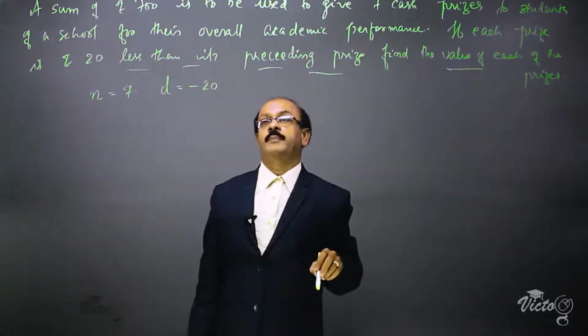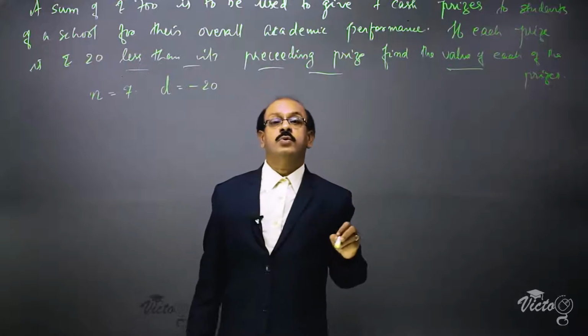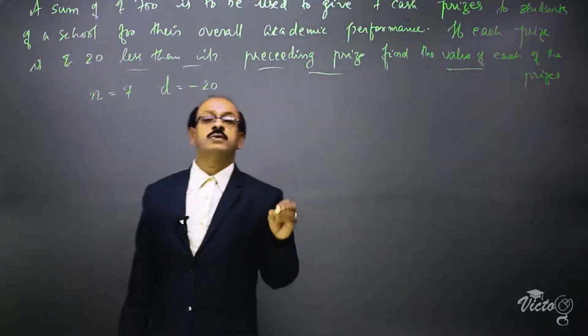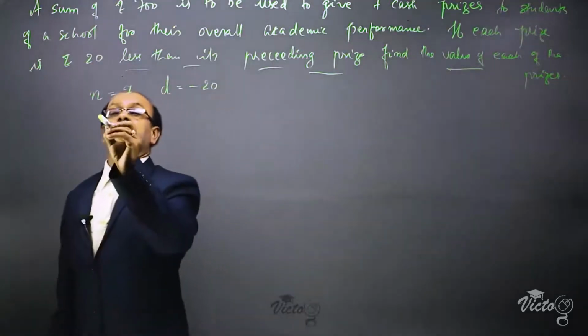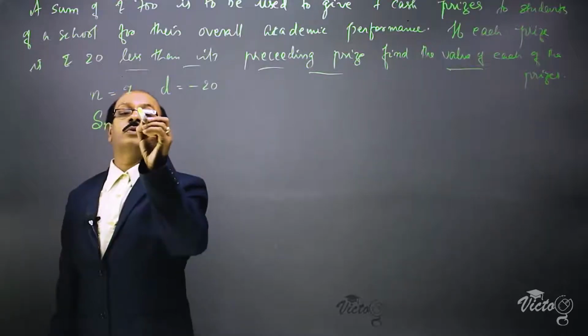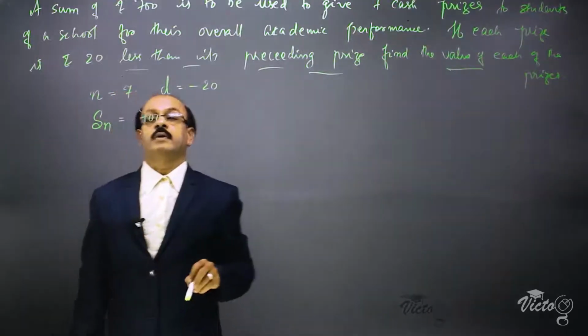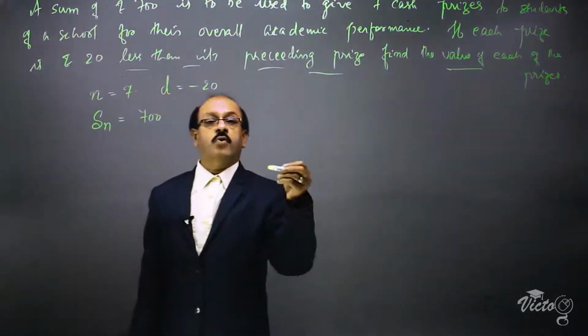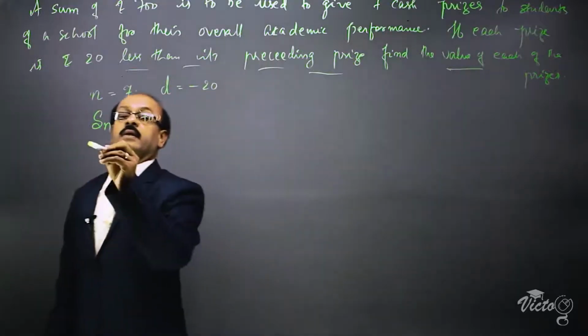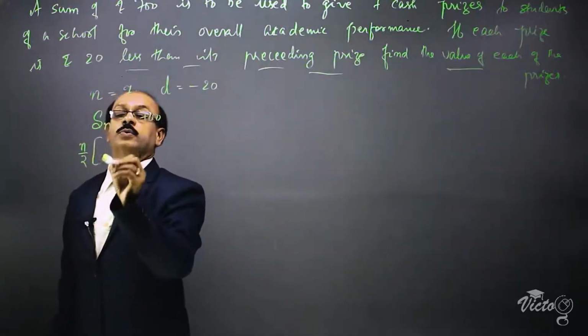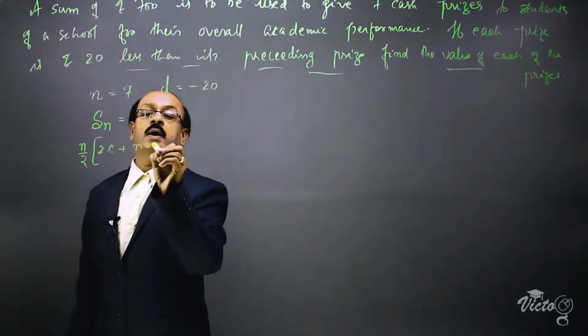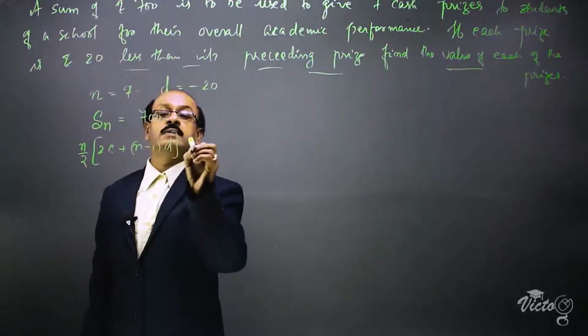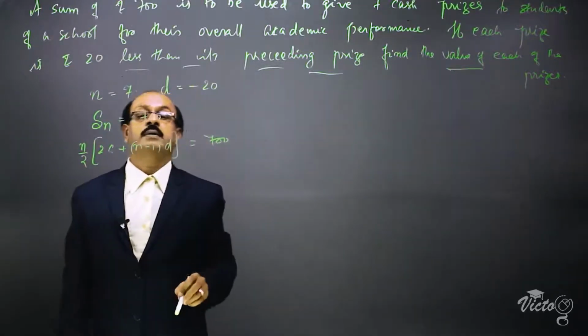The sum is given as rupees 700, that means Sn is equal to 700. So we have to write the formula for finding the sum. Sn is equal to n by 2 into 2a plus n minus 1 into d, equal to 700.